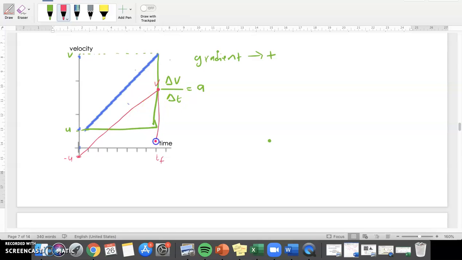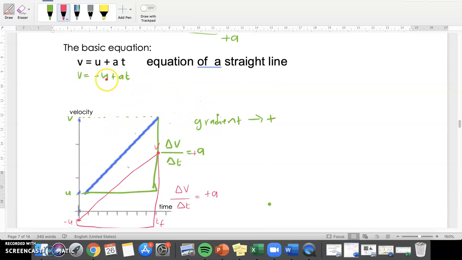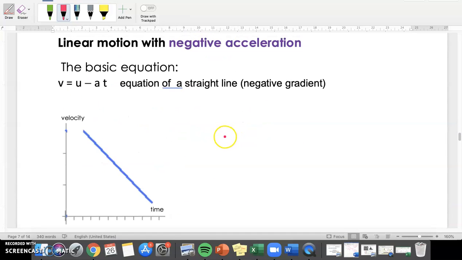My gradient is still positive, right? Because my change in v is positive, my change in time is also positive, so I have a positive acceleration in both situations, despite starting at a negative point. I just changed this equation here. My acceleration is still positive. Okay, so that was just a fun fact or to improve your understanding.